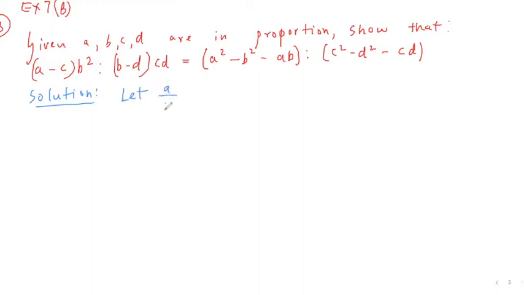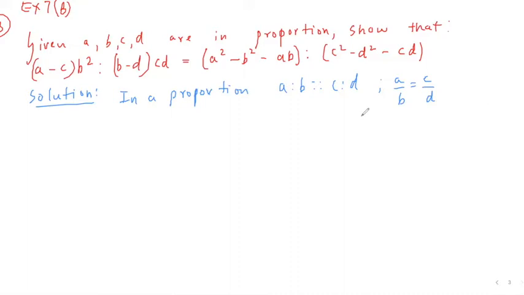In a proportion, A is to B is to C is to D, A by B is equal to C by D, right?